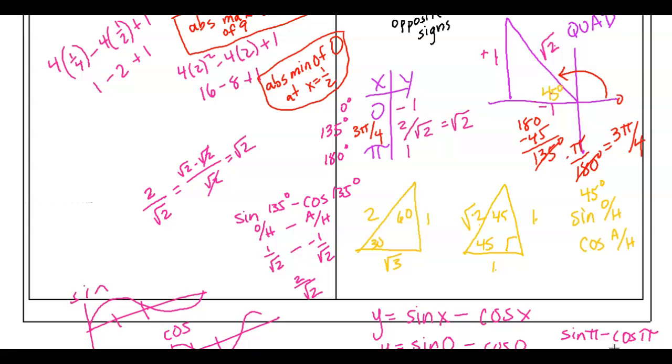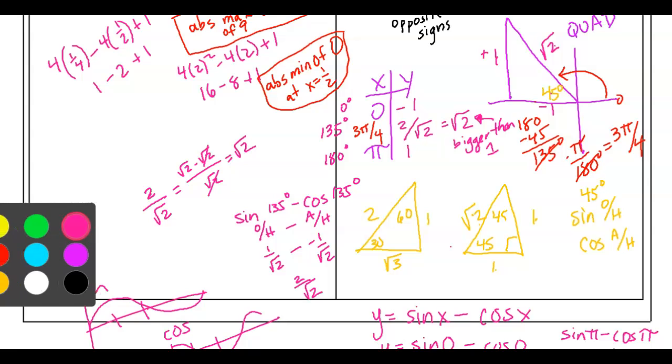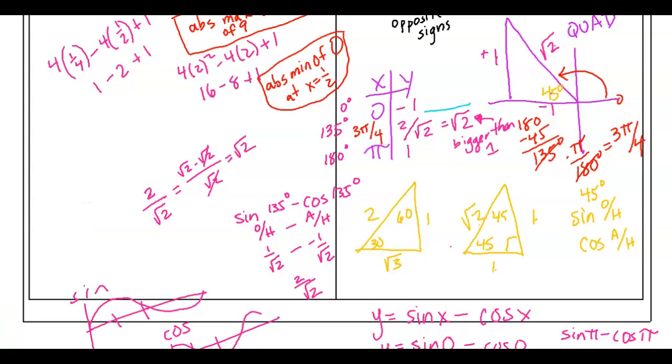Root 2 is bigger than 1. So we do want to reduce that because we're trying to see the highest and lowest y value without a calculator. So to recap, our overall highest value, this would be our max, and this would be our min.